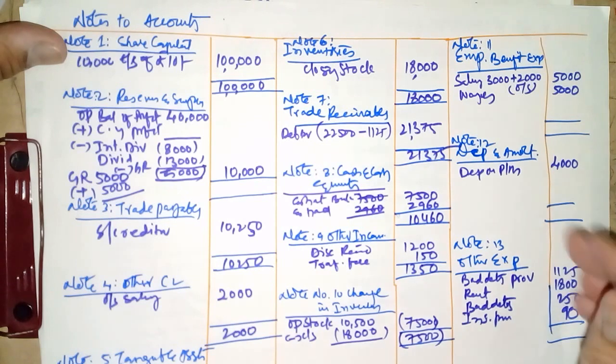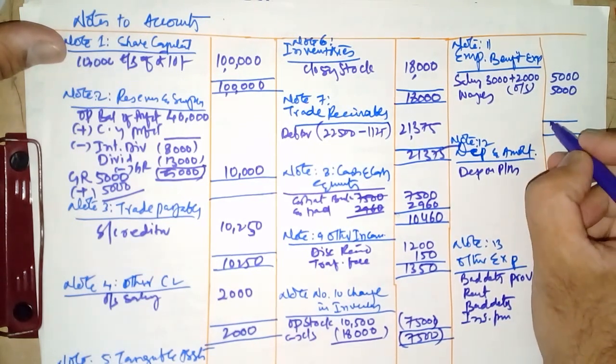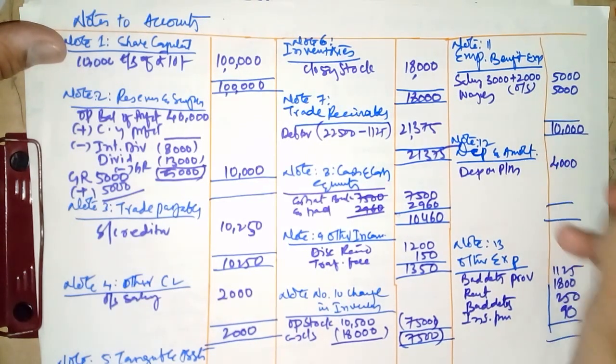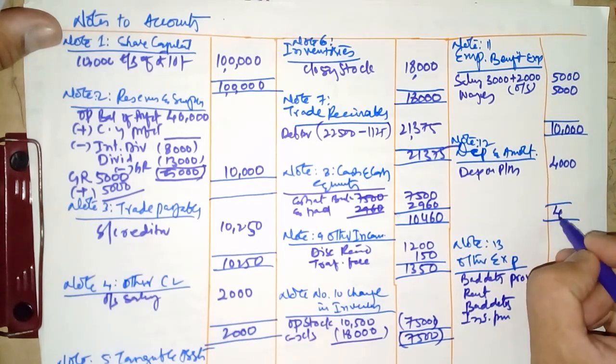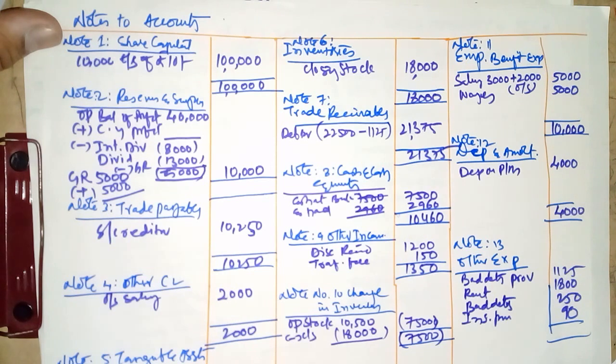Then employee benefit expenses comes to 10,000 summation. Then depreciation comes to 4,000, only one item we have written. And under other expenses we have four items. We will make the summation, that is 1125 plus 1,800 plus 250 plus 90.